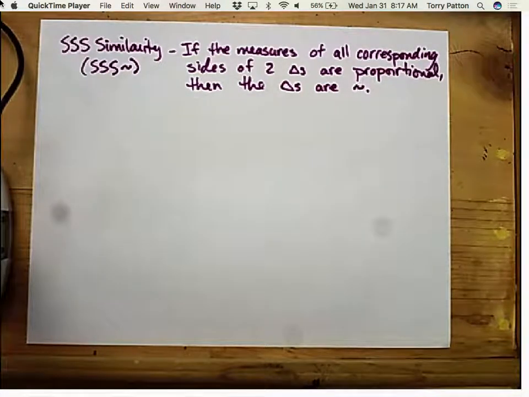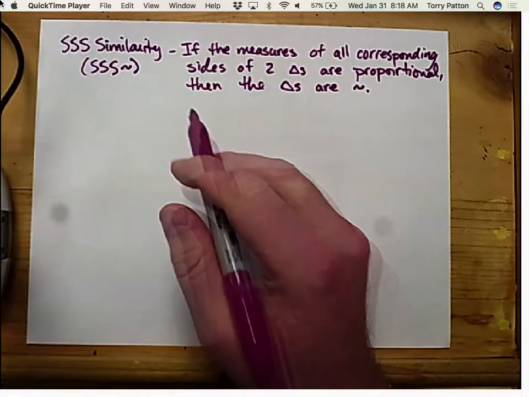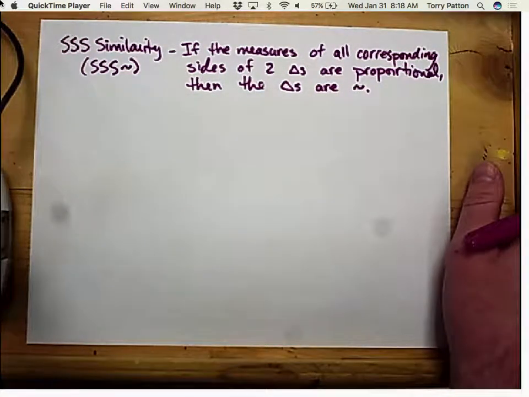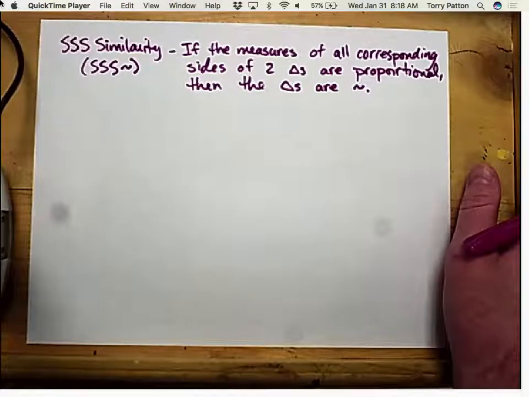Once they're similar, you know all three angles are congruent, all three sides are proportional. The next one says all you have to do is prove that all the sides are proportional. And if all the sides are proportional, you don't have to prove anything about the angles. If all the sides are proportional, then they are similar. But once they're similar, you know all the angles are congruent.